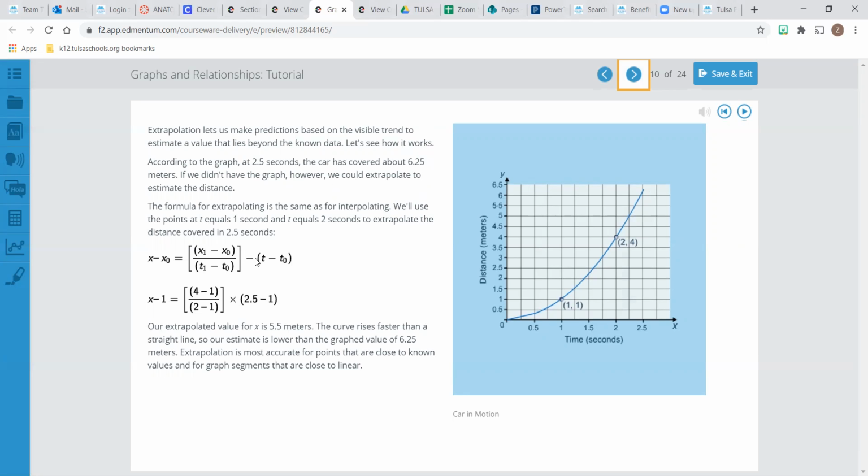That looks like a typo. So ignore that minus sign. This should be a multiplication.